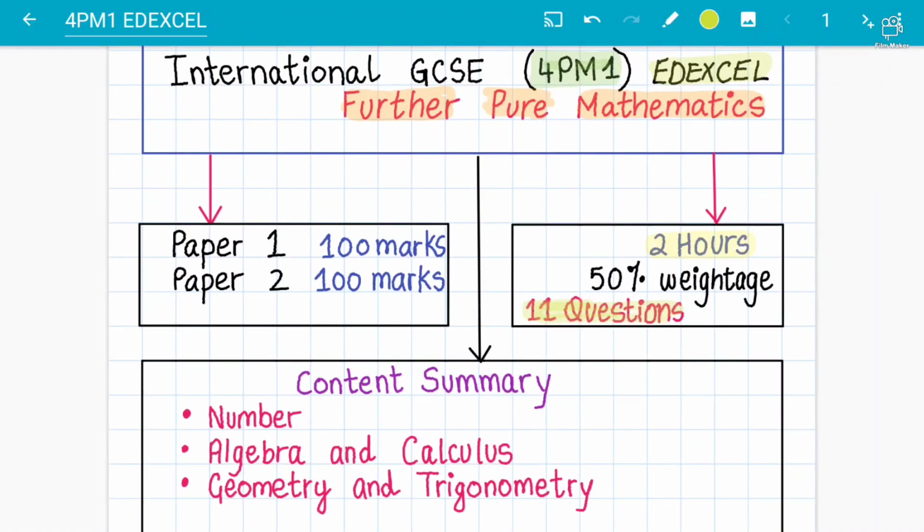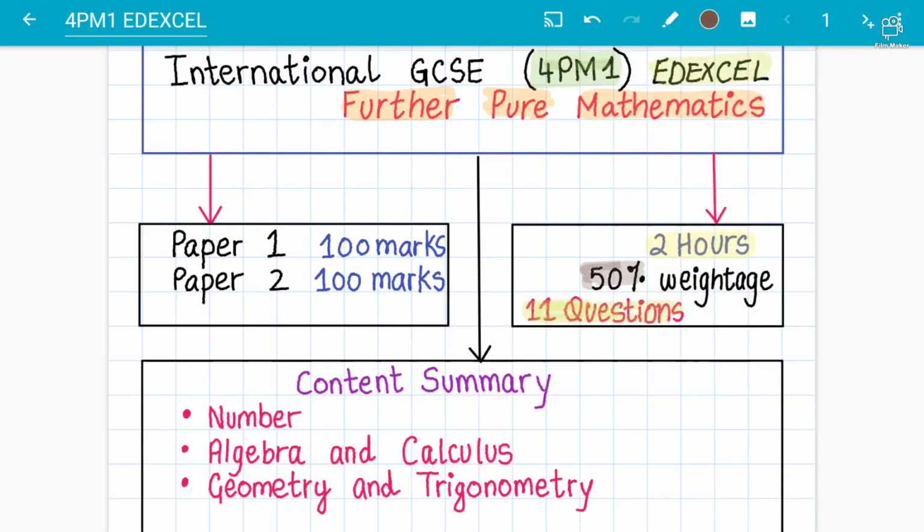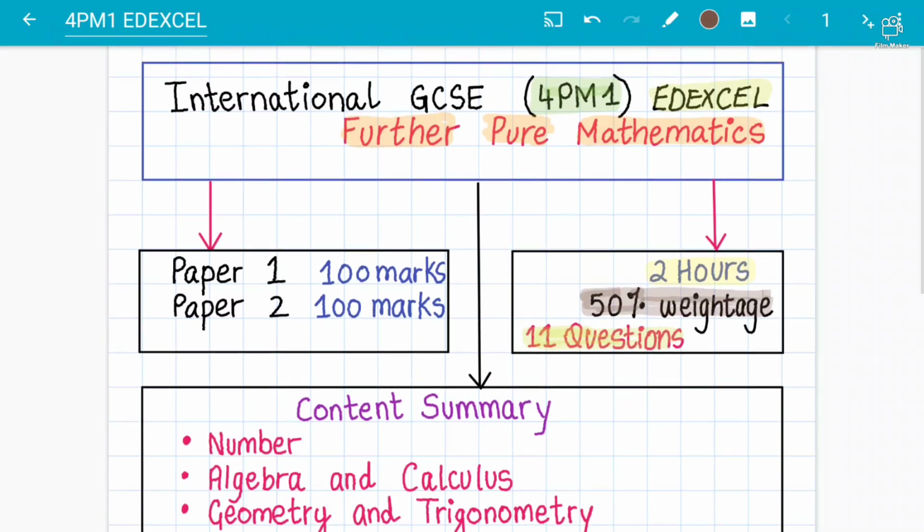Paper 1 will have 11 questions, and paper 2 also will have 11 questions, and each paper has the same weightage, that is 50%, making a total of 100% to get the exam result.